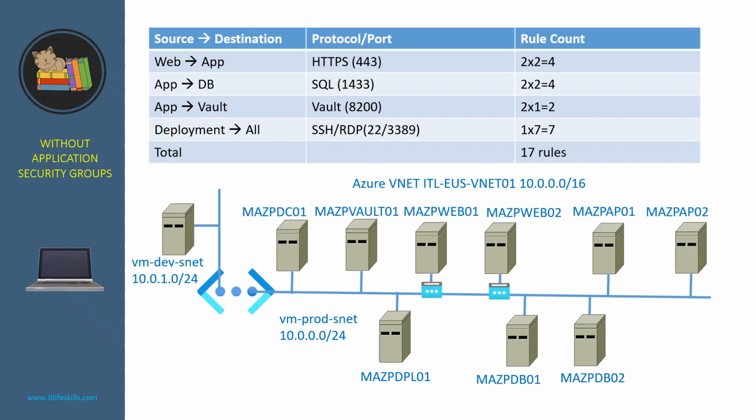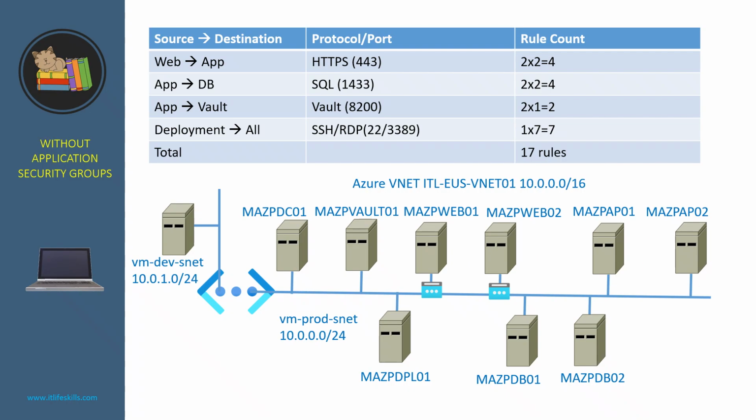For example, to allow the web servers to access the application servers, we need to create one rule to allow Web01 to access App01, one rule to allow Web01 to access App02, one rule to allow Web02 to access App01, and one rule to allow Web02 to access App02, which makes it 4 rules.